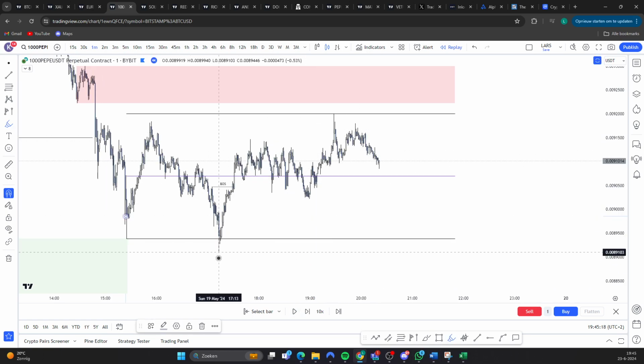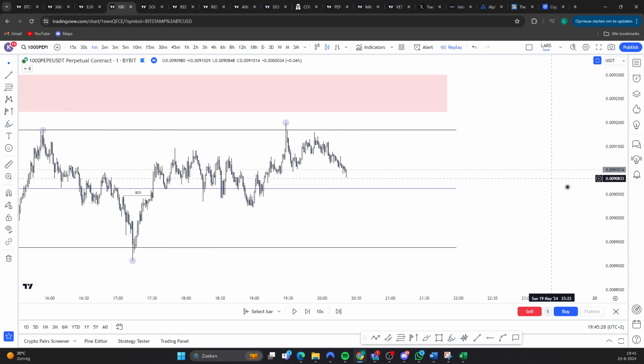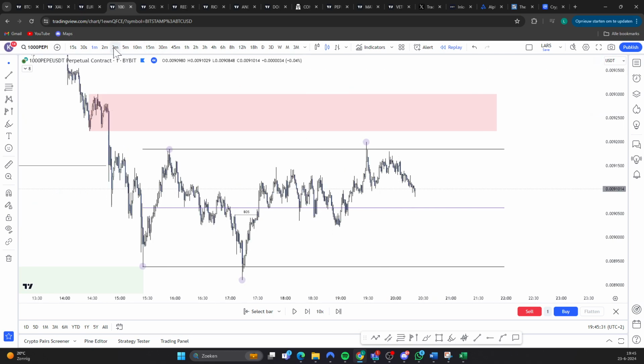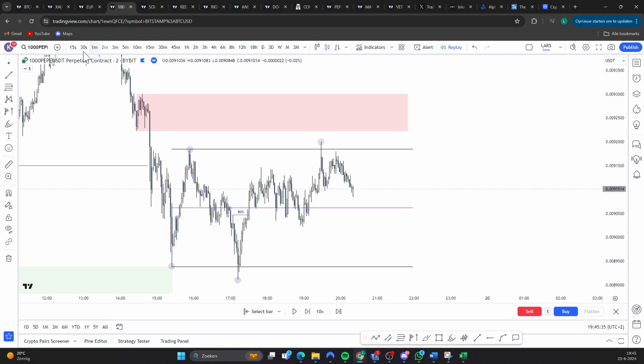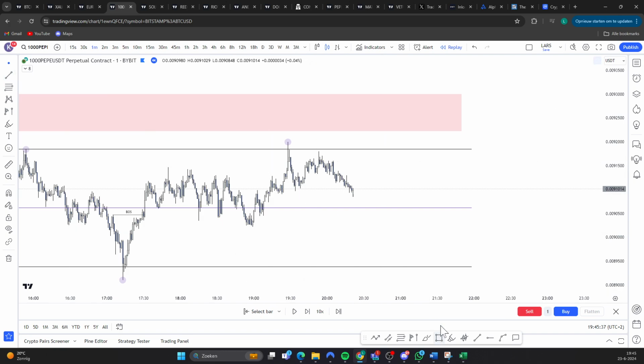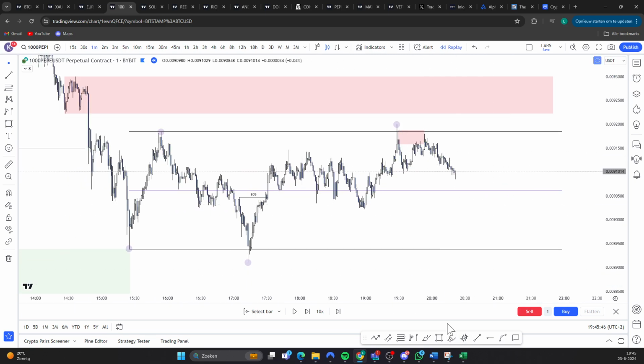We have a 1 and we have a 2. This could be a 1, 2, and 3, just like we have been trading so far.